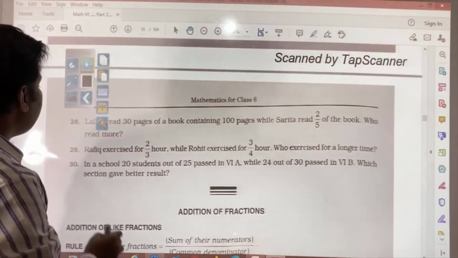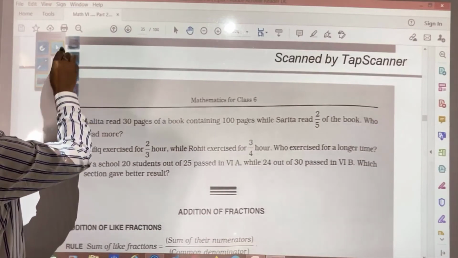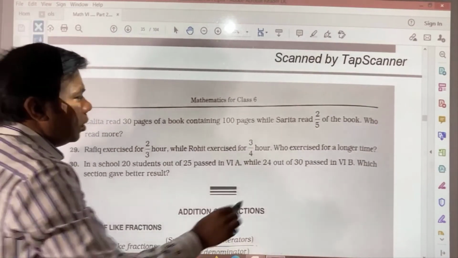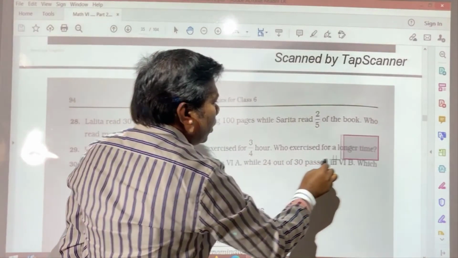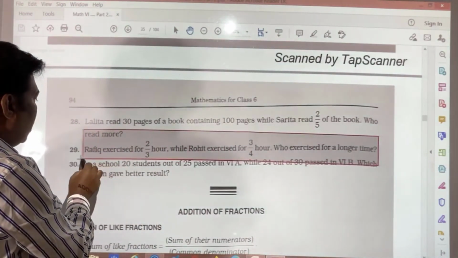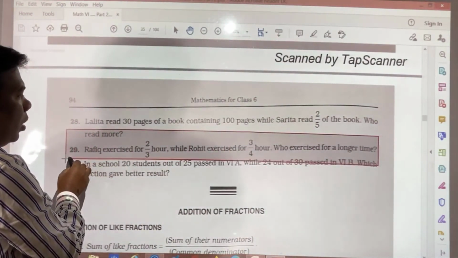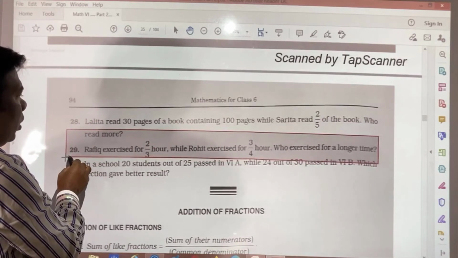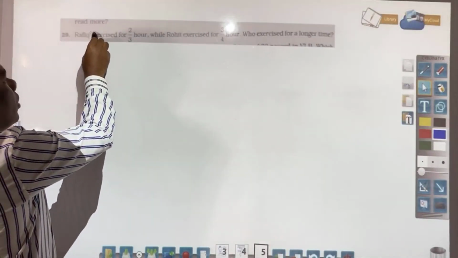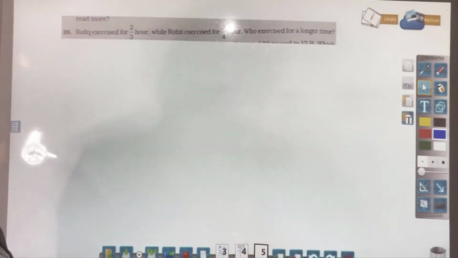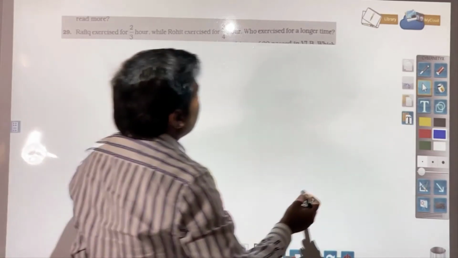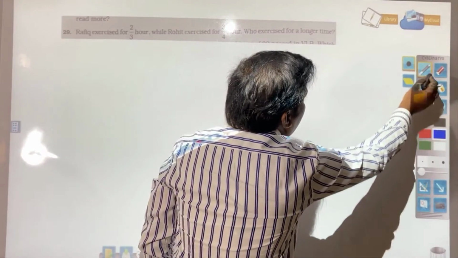Next you see, Rafiq exercised for 2 by 3 hours, while Rohit exercised for 3 by 4 hours. Who exercised for a longer time?